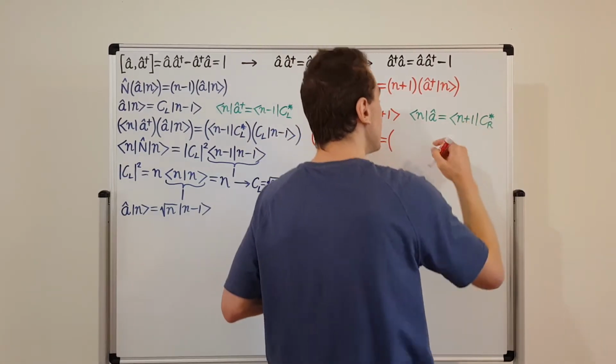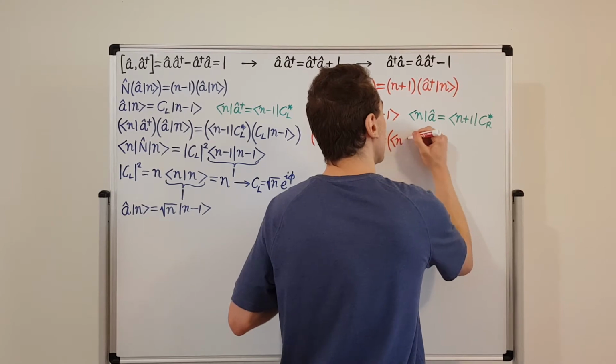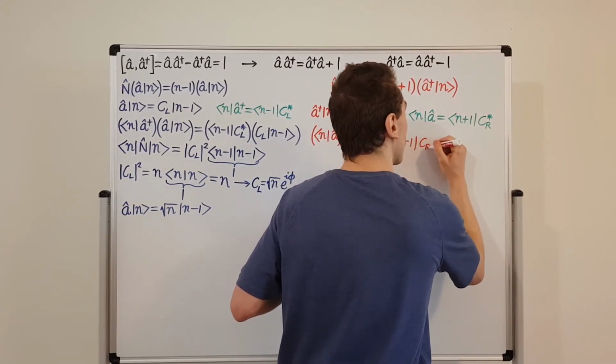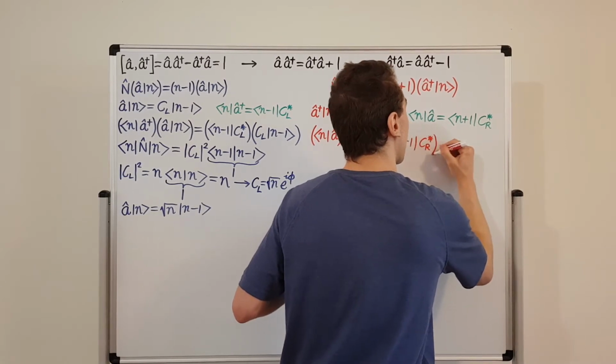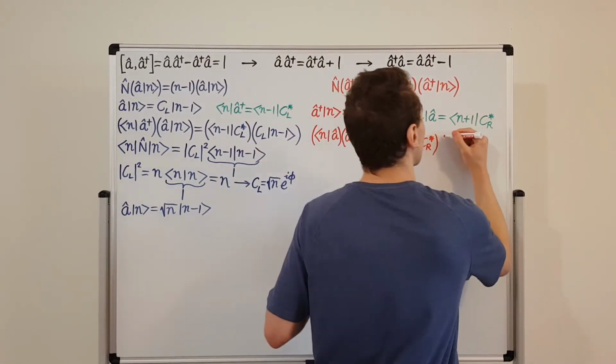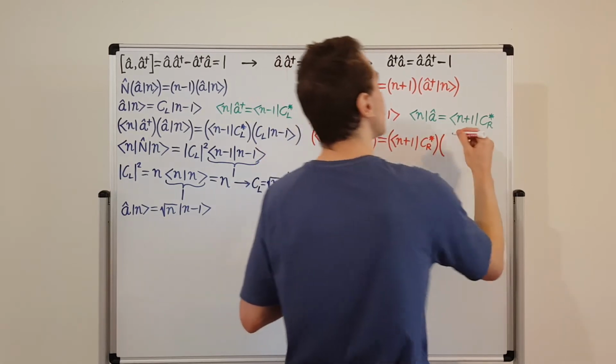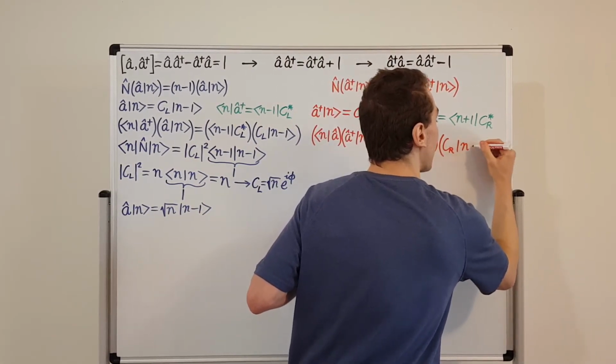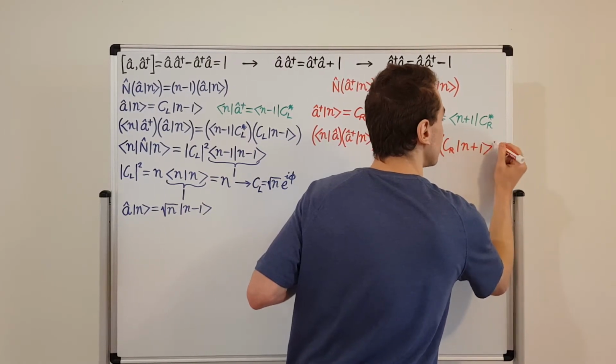So I have to take this over here, the bra version of n plus 1, and then I need the complex conjugate of C sub r, and then finally this right-hand side over here. And this right-hand side has C sub r, and it has the ket version of n plus 1.